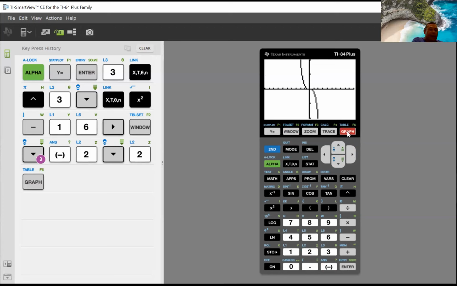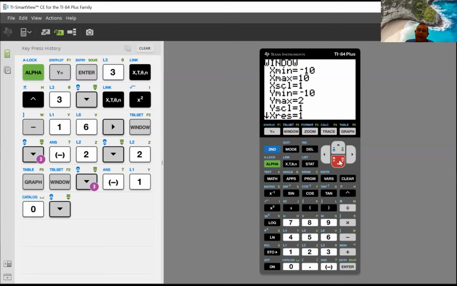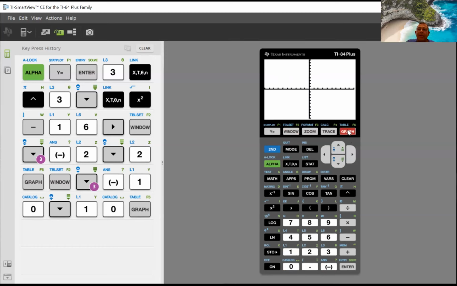My bad. Let me fix my window. This is the one where I went from -10 on everything. So make this -10 and 10, and that should get everything on this one. I was looking at another paper. My bad. So now everything's set: negative 10, 10, negative 10, 10. Let me graph that.